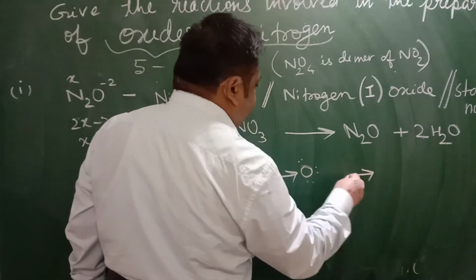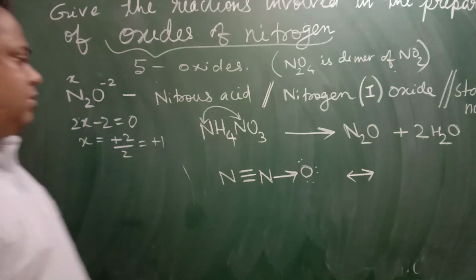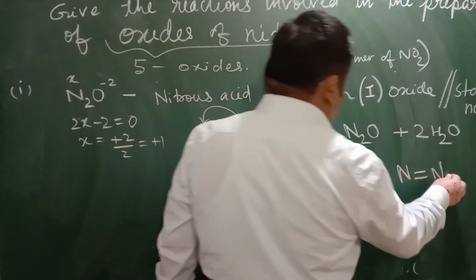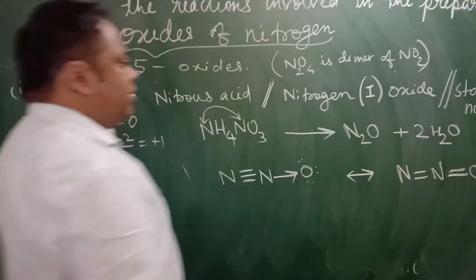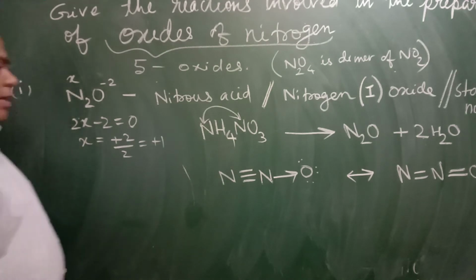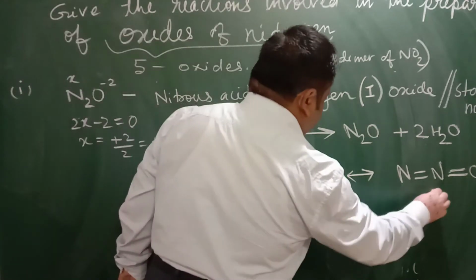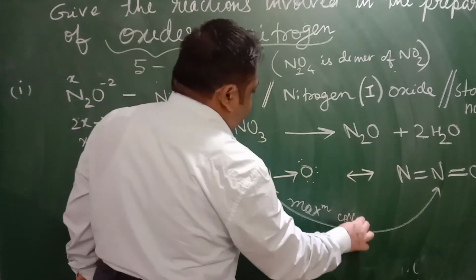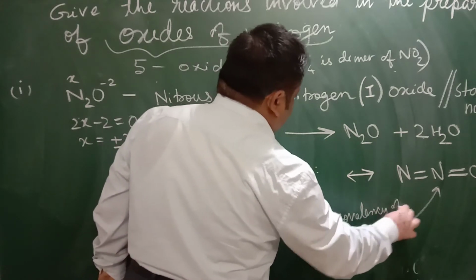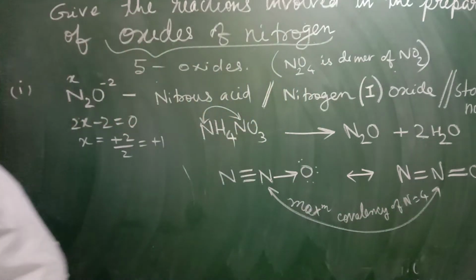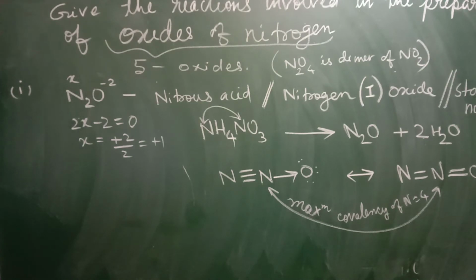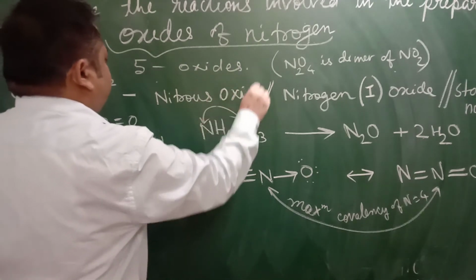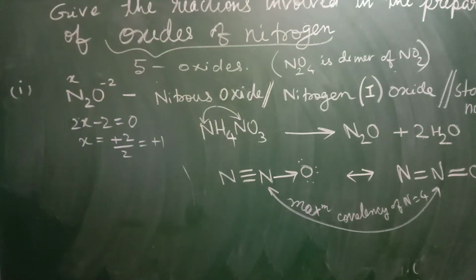This can have resonating structures in which it can form N double bond N also, but in that case there will be a double bond here too. So these are the resonating structures. In either case, the maximum covalency of nitrogen is equal to 4. So this was the preparation of nitrous oxide.